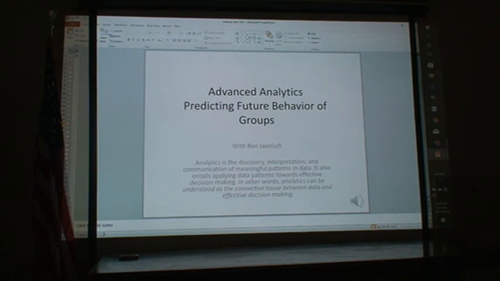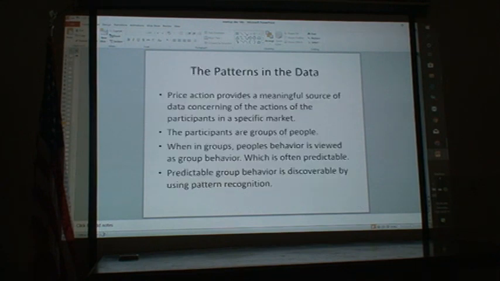Analytics is the discovery, interpretation, and communication of meaningful patterns in data. It also entails applying data patterns toward effective decision making. In other words, analytics can be understood as the connective tissue between data and effective decision making.